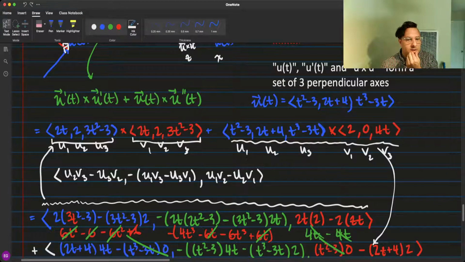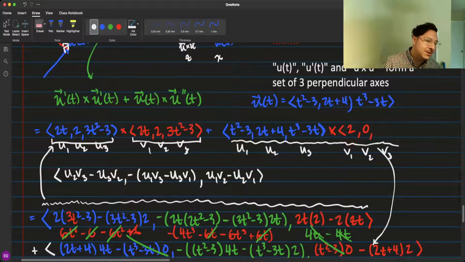My u is t squared minus 3, 2t plus 4, t cubed minus 3t. Cool. I crossed that with the second derivative of u. Oh no, I made a mistake because I looked at the wrong one. You take the derivative of 2t and you get 2, you take the derivative of 2 and you get 0, but I took the derivative of my messed up one. The derivative of 3t squared minus 3 is not 4t.